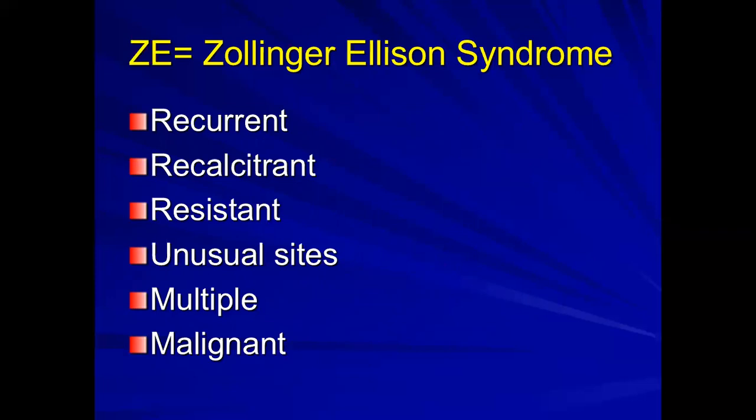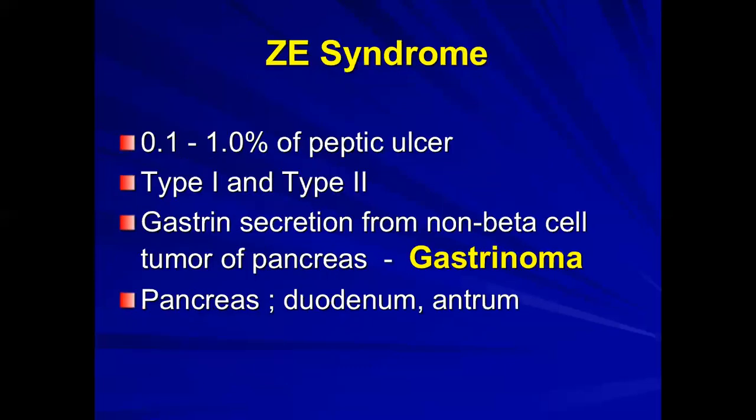Zollinger-Ellison syndrome is recurrent, recalcitrant, resistant, and usually occurs at unusual sites, like beyond the first part of the duodenum. You can find ulcers beyond the first part of the duodenum. They are multiple, and sometimes they are malignant also. It affects 0.1 to 1% of peptic ulcer, type 1 and type 2.